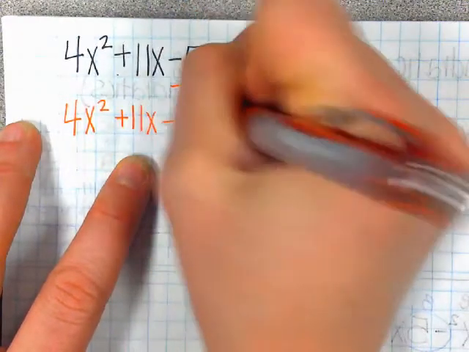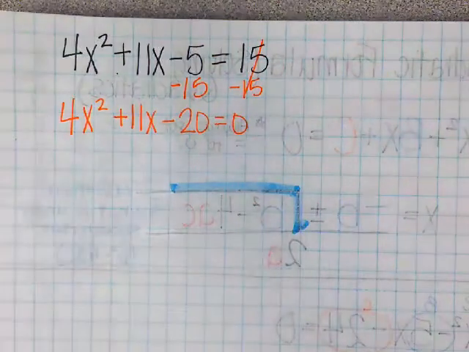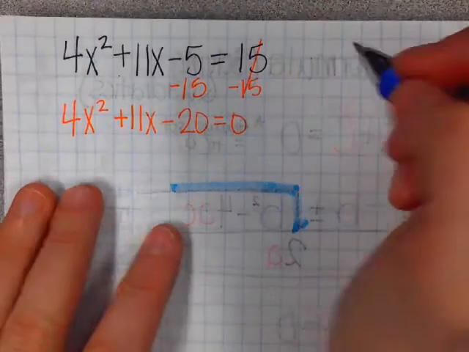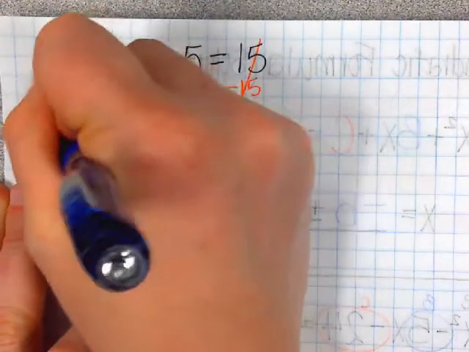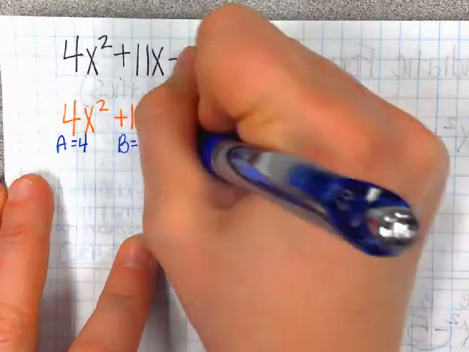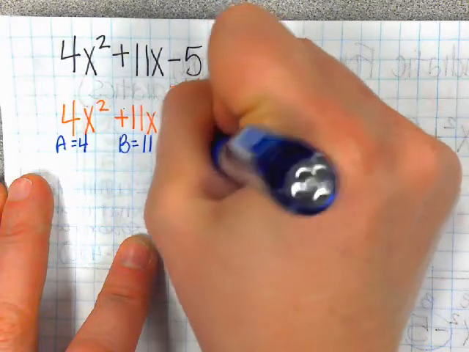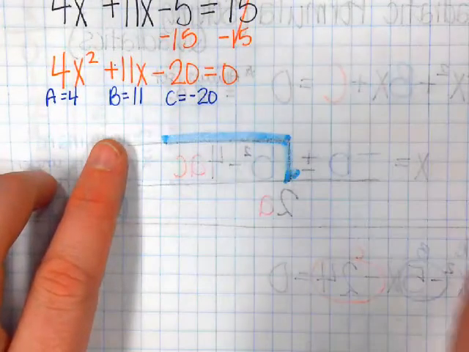So it would be 4x squared plus 11x minus 20 equals 0. Now we need to write out our A, B, and C. So our A is 4, our B is 11, and our C is negative 20.